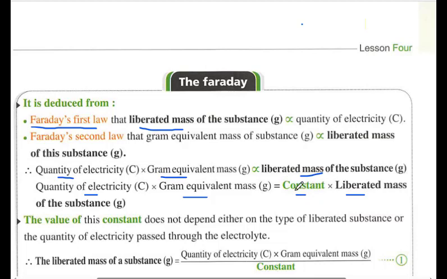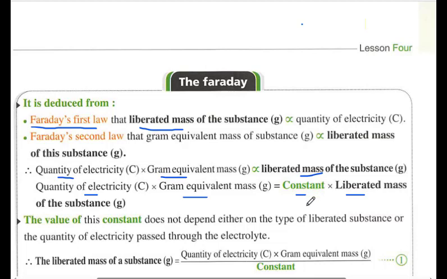So we have the same relation: the quantity of electricity times the equivalent mass is directly proportional to the liberated mass, or equals the liberated mass multiplied by a constant. The value of the constant we will deduce afterward.